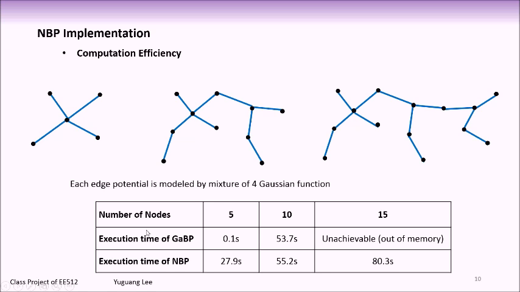So you can see that MBP can handle the problem with 15 nodes, each node having 4 Gaussian components, but Gaussian BP cannot. Even though MBP is slower than Gaussian belief propagation in solving a simple graph, it has a lot of potential in solving graphs with complex cases.